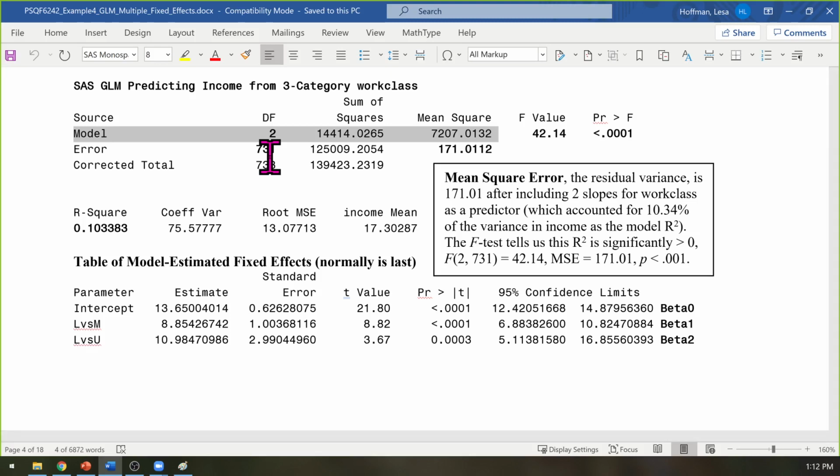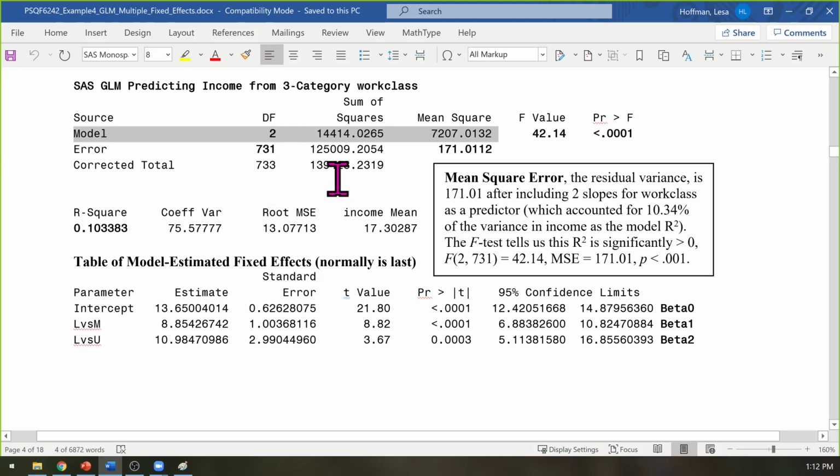When I ask you for this, what am I going to ask you for? Those are one of our degrees of freedom. Numerator or denominator? It's numerator degrees of freedom, and error is denominator. That is correct. And it's in the same order that it is in the table.